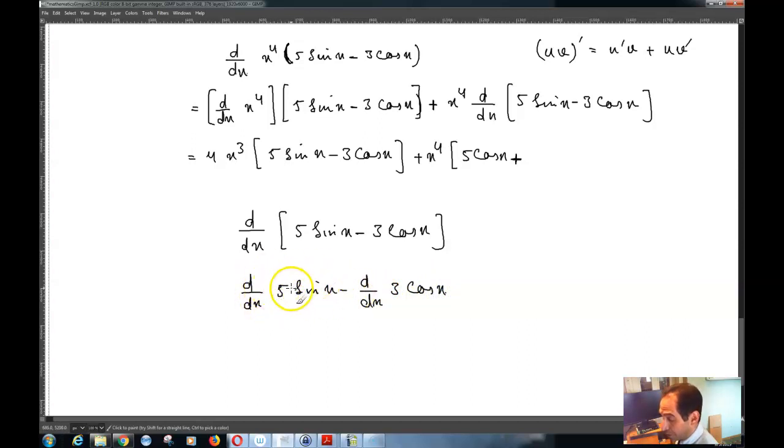Now, d by dx of 5 times sine x is equal to 5 times cos x. And minus 3 times cos x: the derivative of cos x is negative sine x, so that's negative 3 times sine x.